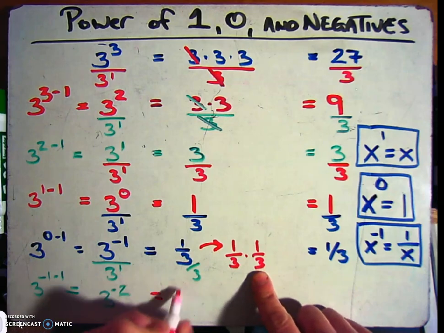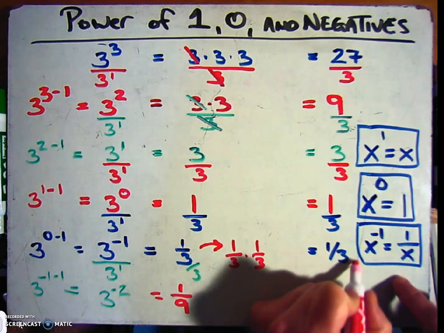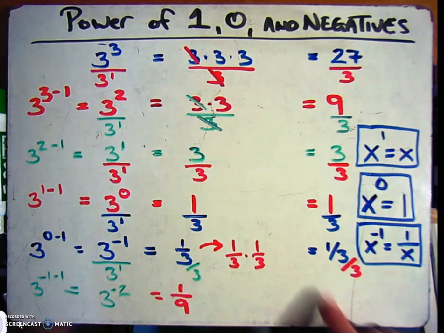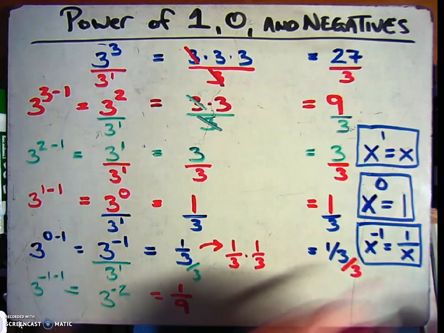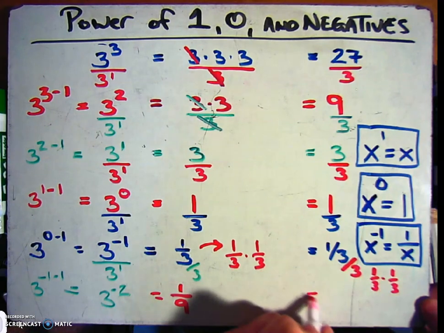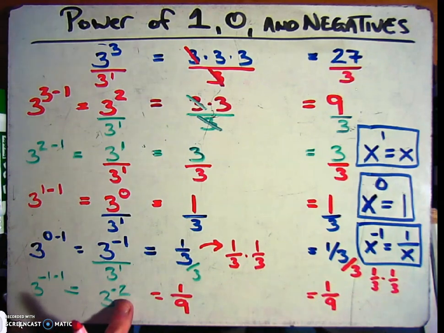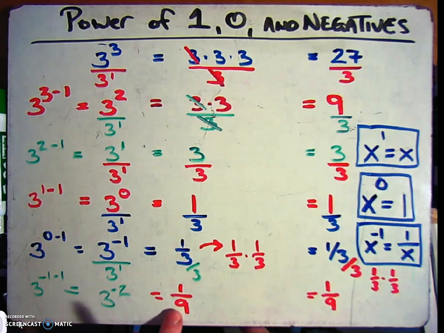That gives me a value of 1/9. Now the same thing, divide this by 3. This will be 1/3 times 1/3. I end up with 1/9. So this says 3 to the negative 2 power is equal to 1/9.